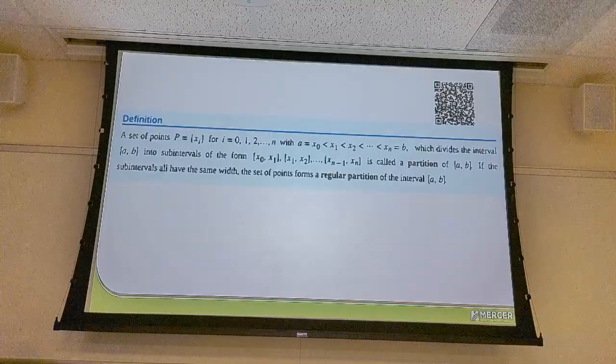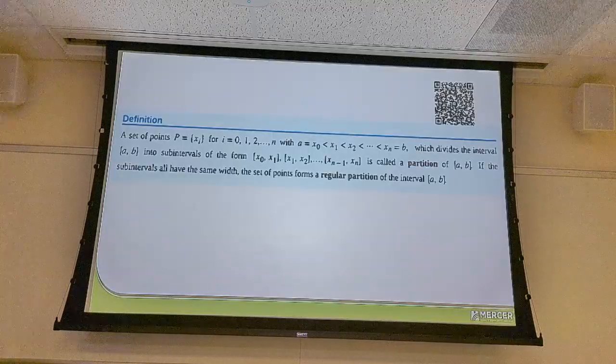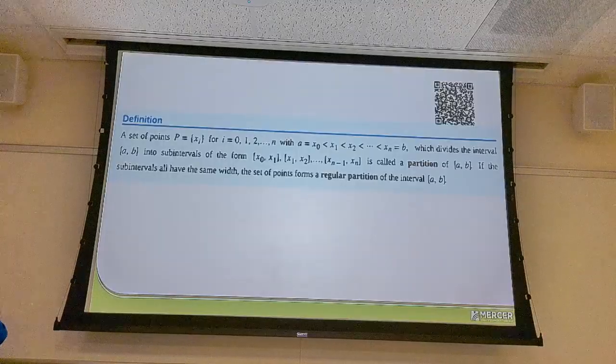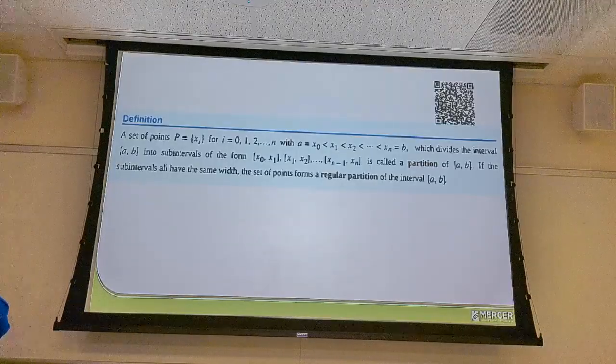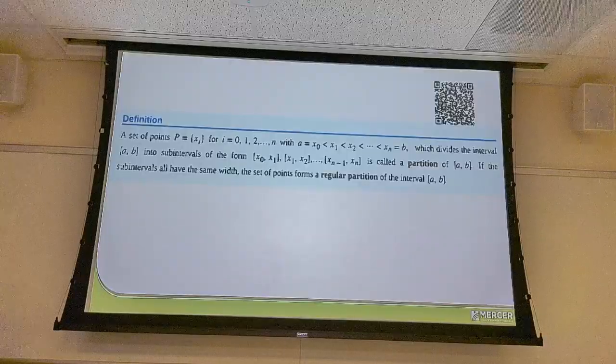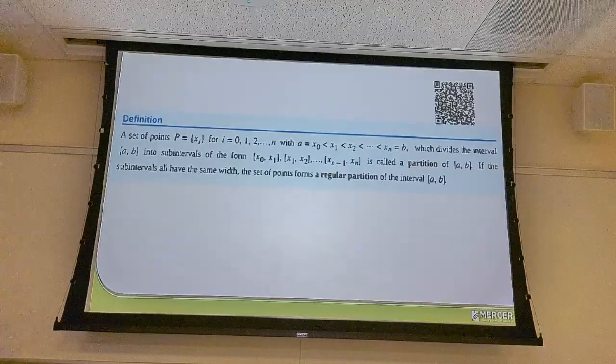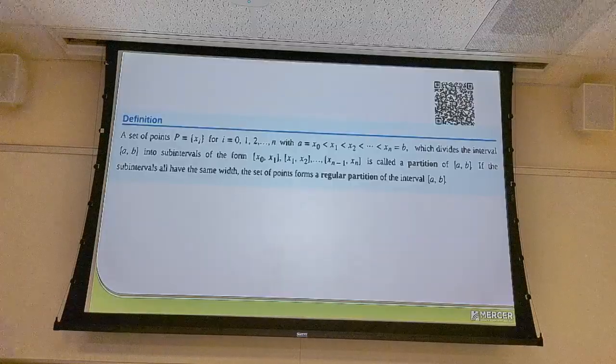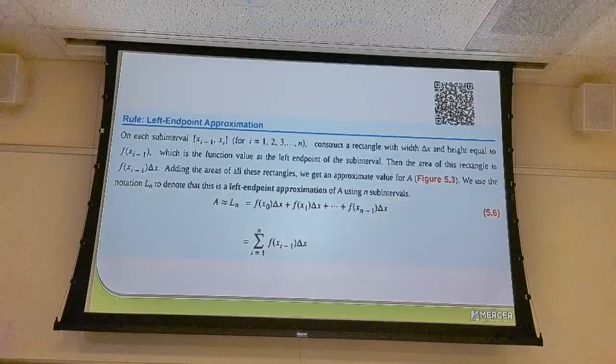Specifically, there are going to be 2 types of partitions that we're going to be using, because again, notice this doesn't tell you how to pick your partition. We will be using left endpoints and right endpoints.